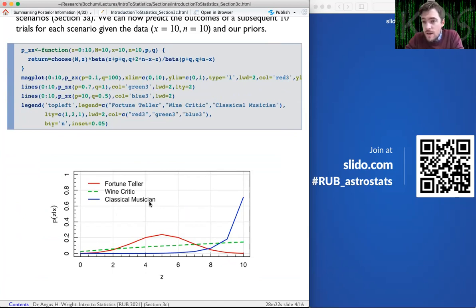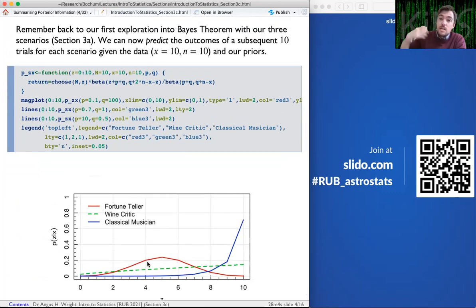And we're now asking the question, given the posteriors that we generated for those 3 scenarios, what is the most likely outcome? What is the distribution of expected outcomes z for an additional 10 trials?